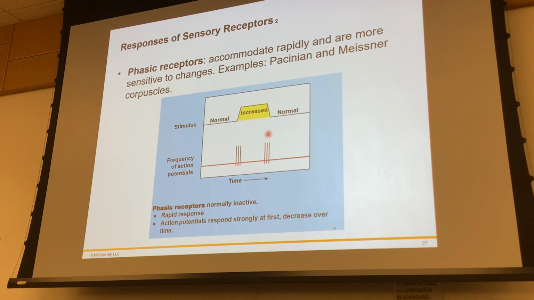So phasic receptors respond to a change in pressure, either a big increase or a decrease. They respond strongly at first, but then decrease over time, and that's what's shown here. There's no response, then a response, then no response, then a response. There's only a response when it's either increasing or decreasing.